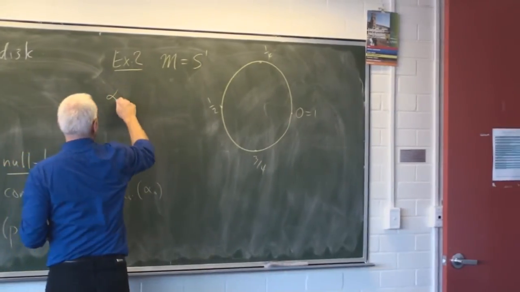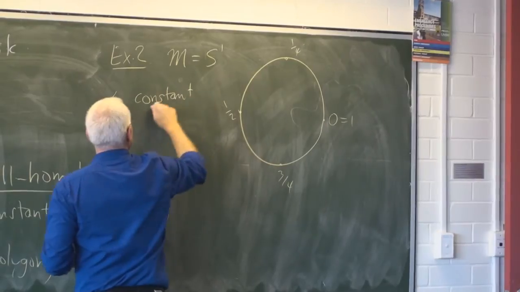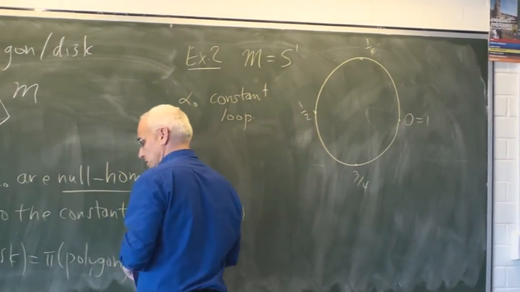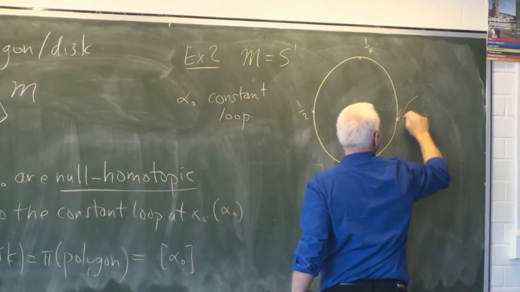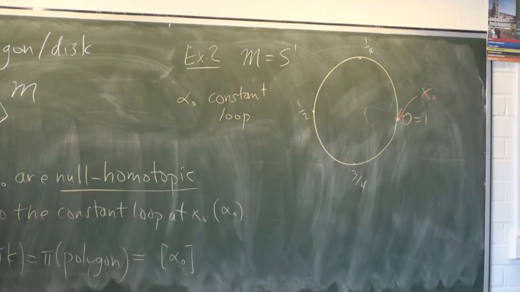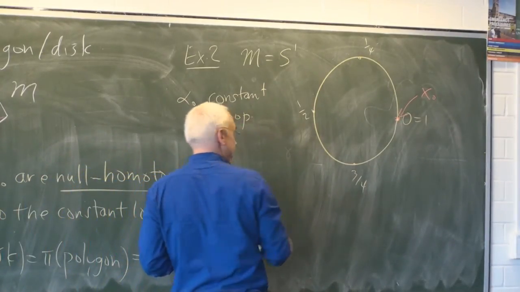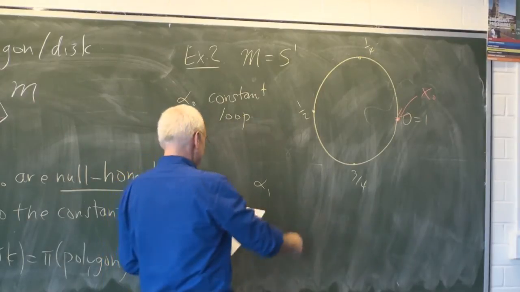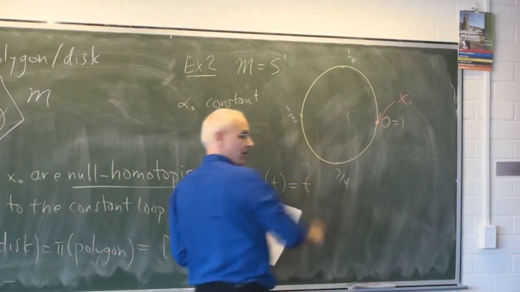Well, first of all, there's alpha 0, which is the constant loop. And for our base point, it's natural to take, say, this point here. That doesn't really matter. And then we have some other loops. Well, we could define alpha 1, say, by defining alpha 1 of t to be t.